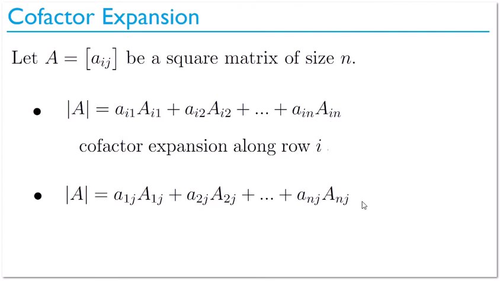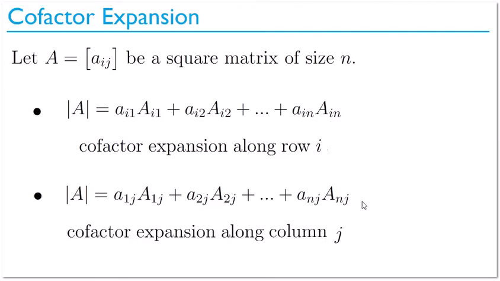The second summation is called the cofactor expansion along column j. All the column numbers are j, and the row numbers run from 1 until n, which is the size of the matrix A. Let's try them out in our example.